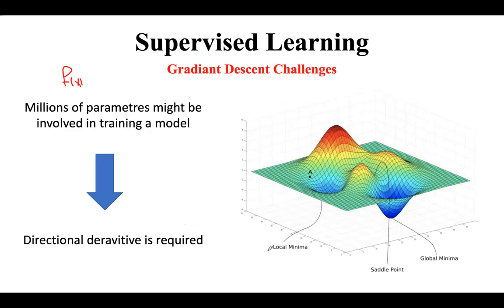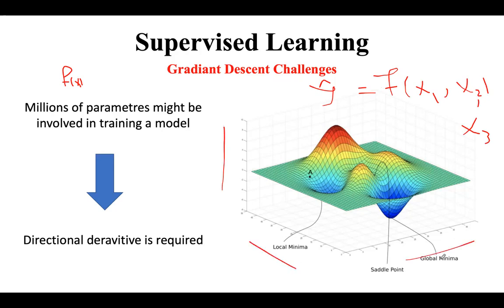Now imagine that I add more parameters to my function. Now y hat, the model, equals f of x1, x2, and x3. So now we have a function which depends on x1, x2, and x3.